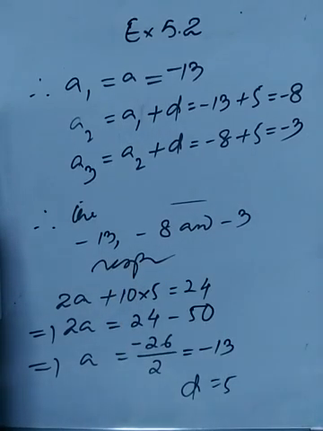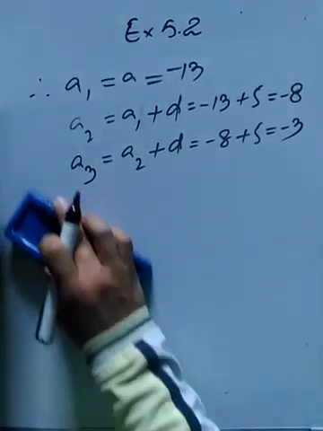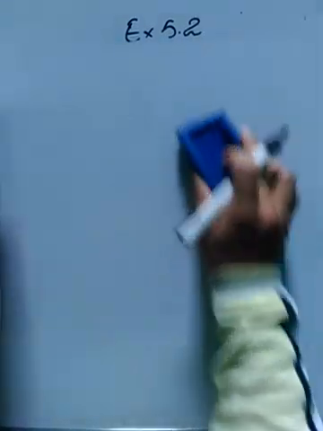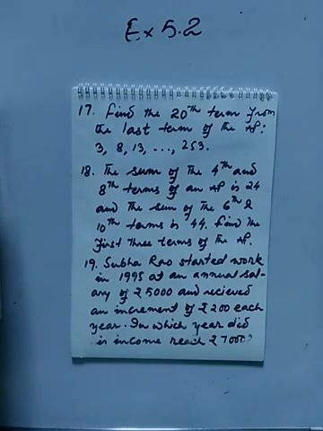Okay, we are coming to the last question of the day. Question number 19. Subha Rao started work in 1995. So what we understand is he joined his work in the year 1995. So let me just write here 1995. At an annual salary of rupees 5,000.